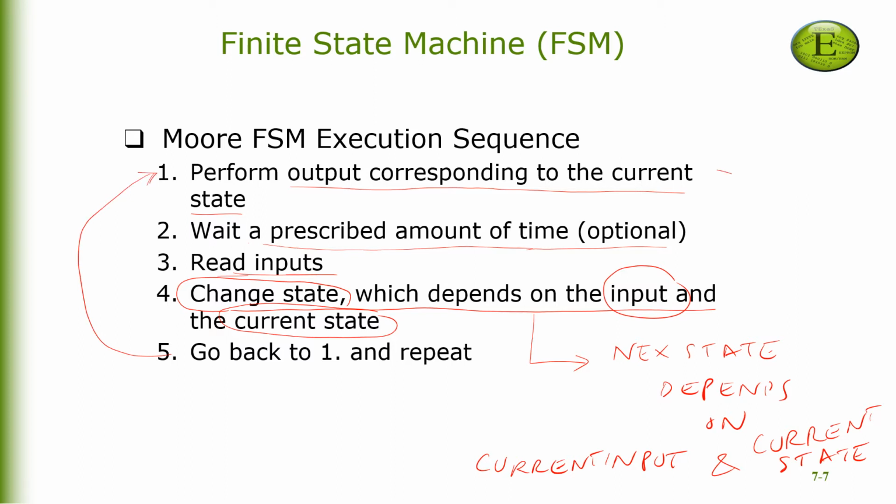And this process continues forever. Essentially, that's how we implement the finite state machine, except when we want our microcontroller to give the control back to the operating system. Otherwise, we would like the microcontroller to keep jumping from one state to another, repeating these 5 steps over and over again.